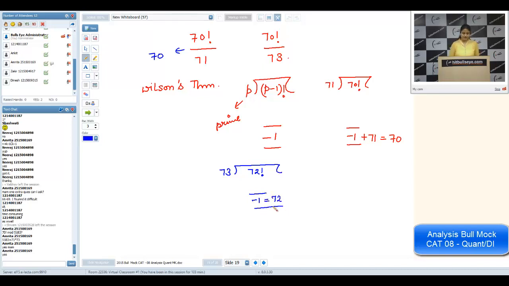Now I can take a smaller example to clarify this. See, we have a difference of 3 here, so we can take 4 factorial by 7.